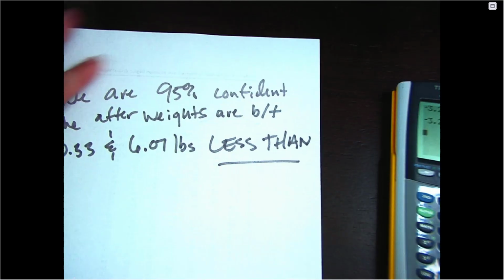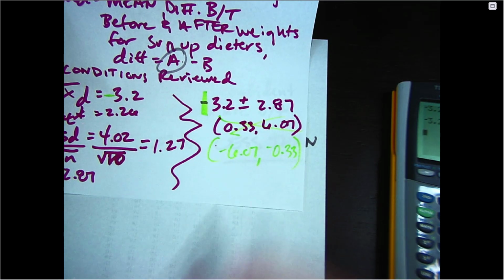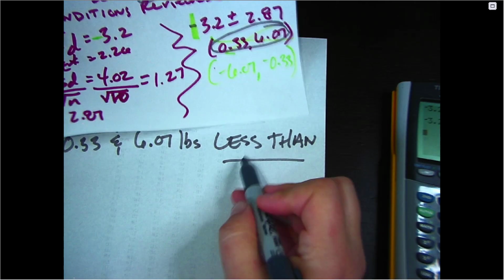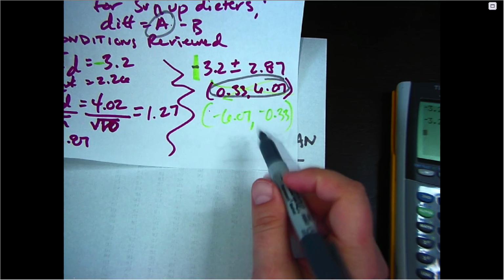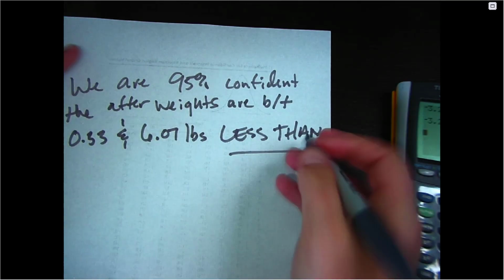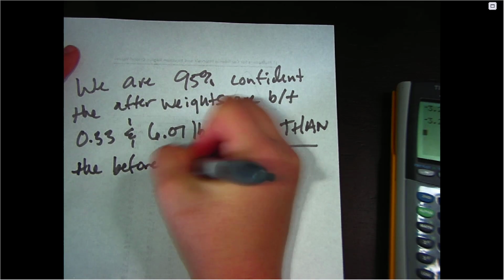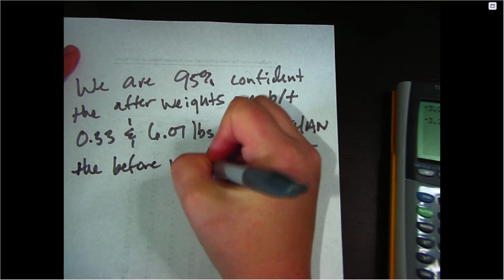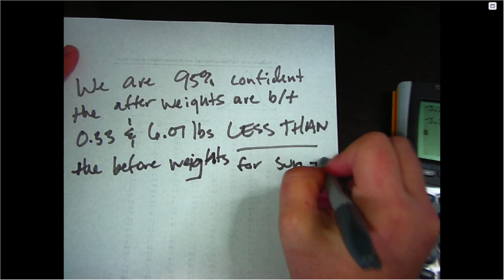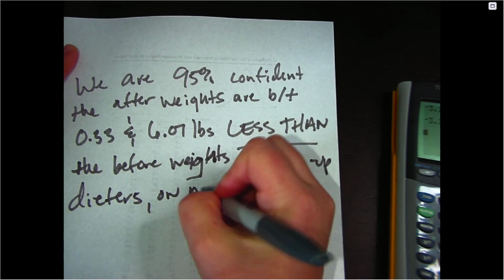I did less than because here it was negative, and I don't want to interpret it as a negative. I took this positive interval, but instead of saying more than, which I would have if it was positive, I said less than, and that deals with the negative sign.